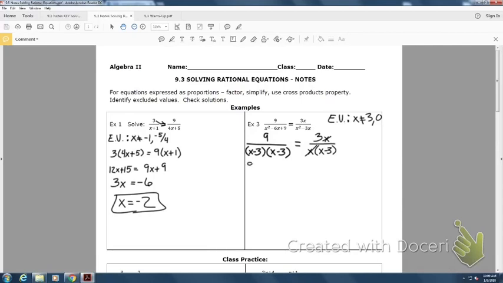So I end up with 9 times x minus 3 equals 3 times x minus 3 times x minus 3.